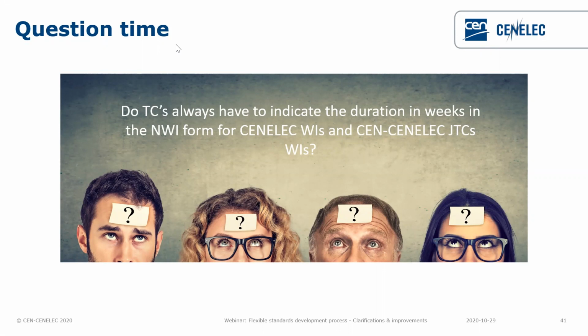Yes, the duration in weeks is mandatory for CENELEC work items and JTC work items, 83%. No, it is not relevant, 0%. So the right answer is that it's mandatory. So duration in weeks is mandatory for CENELEC work items and JTC work items.